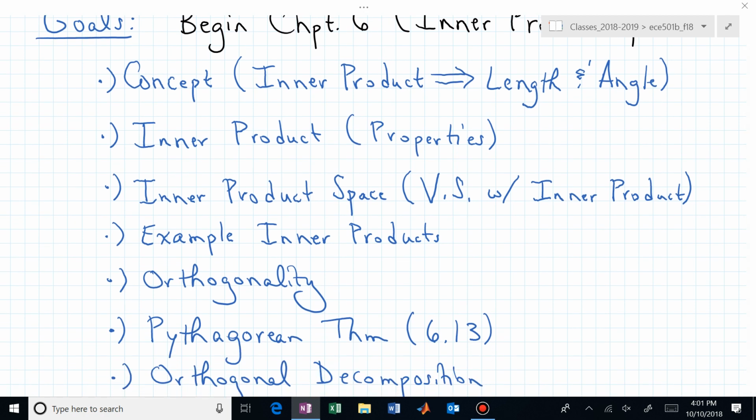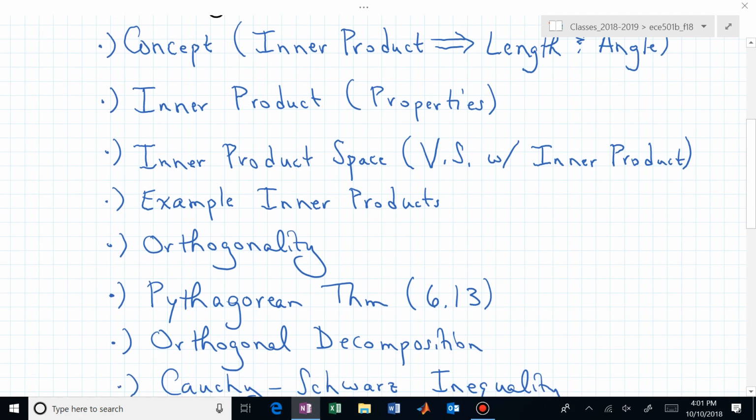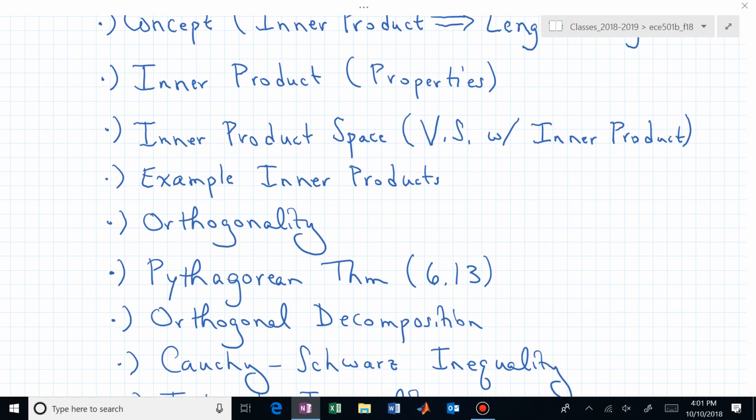But first, what are we doing with an inner product? We haven't really talked about length or closeness or angle with respect to vectors, and that's what this inner product allows us to do. We'll state the properties that we want this inner product to possess.